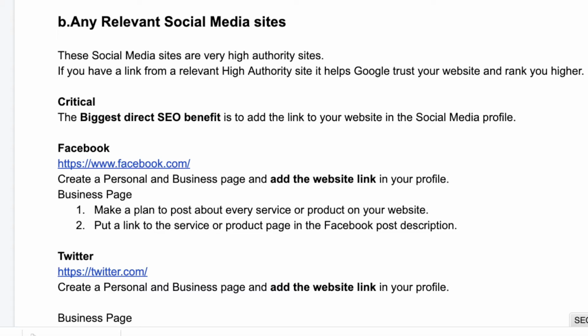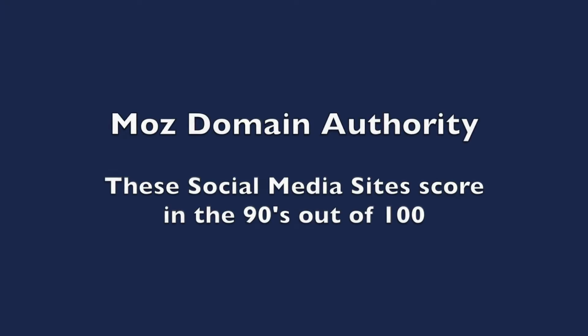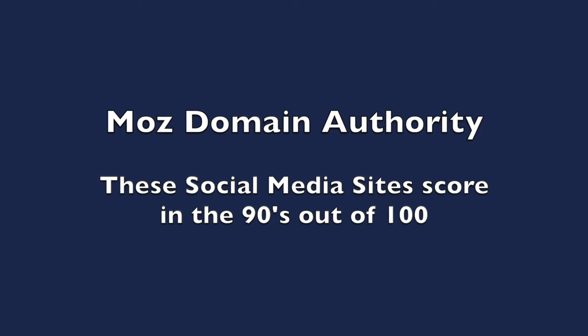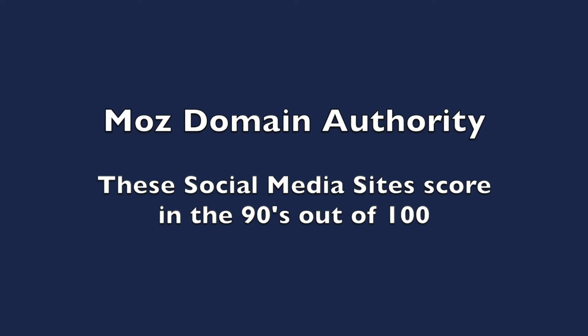There's a company called Moz who scores the authority of sites and gives them a score out of 100, and these social media sites have all got scores in the 90s. So they're very high authority, and if you have a link from these to your website, it's going to really help to improve the trust of your website by Google.